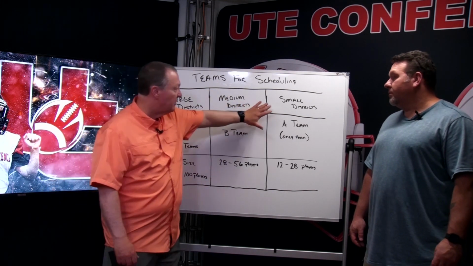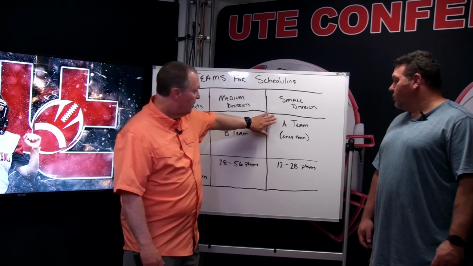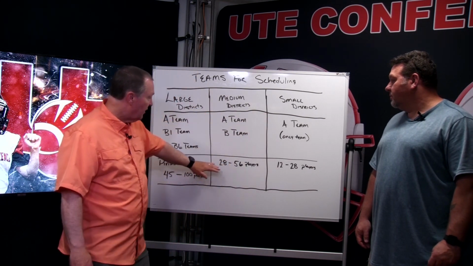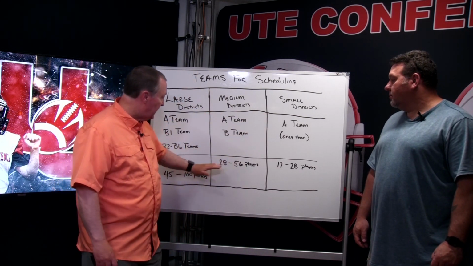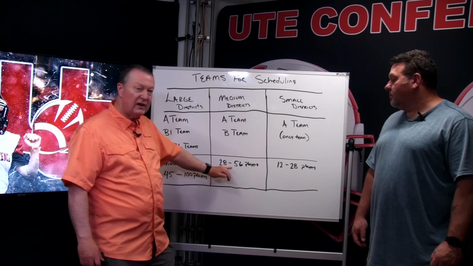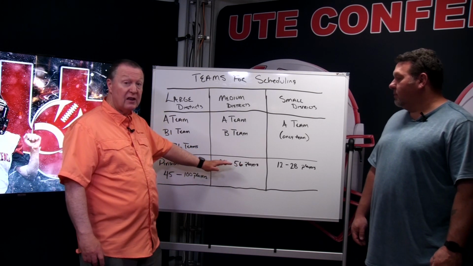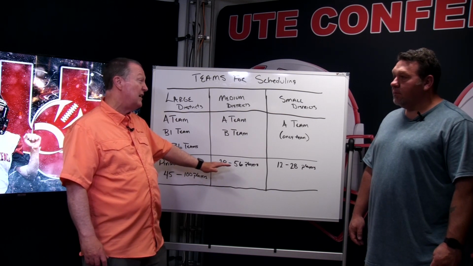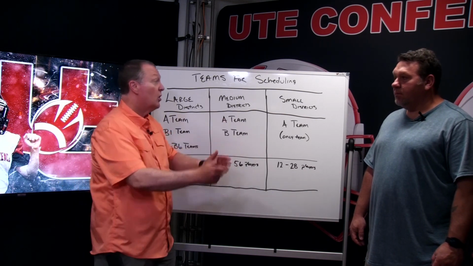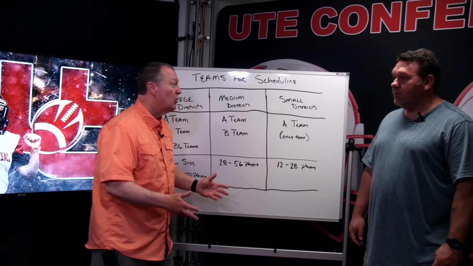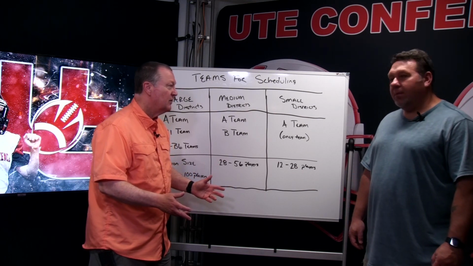Then we go to the small districts. Let's back up. On the medium districts, generally in a division, 28 to 56 players. Now, our rules state you cannot split until you have 28 kids. But you're a coach. How easy is it to coach 28 kids in a division? Impossible.